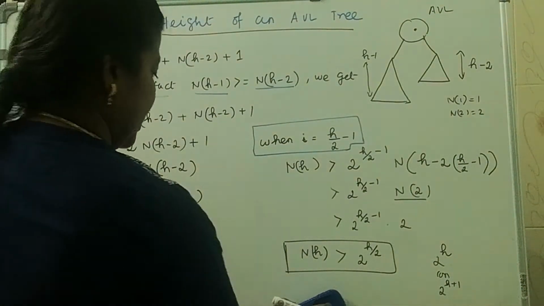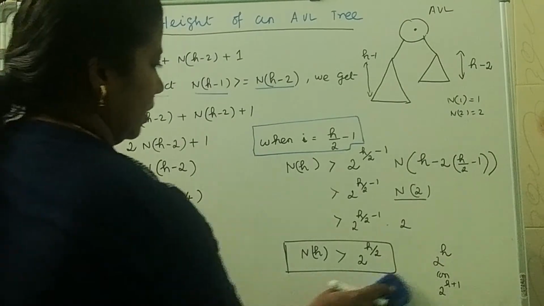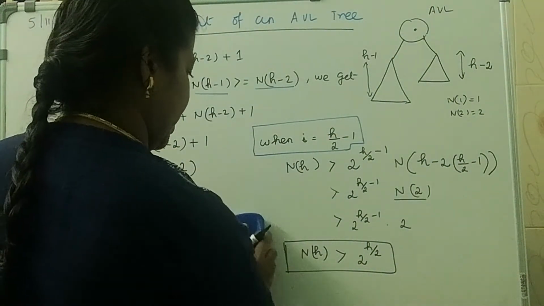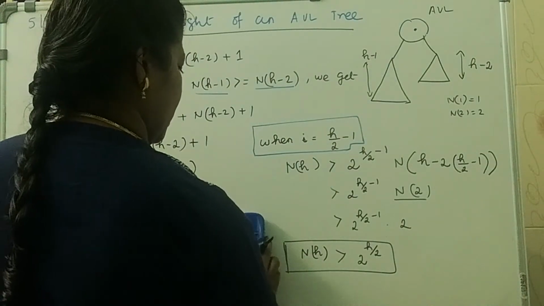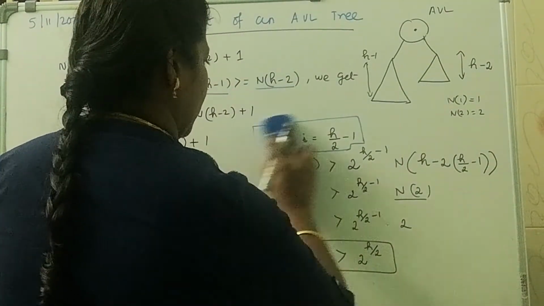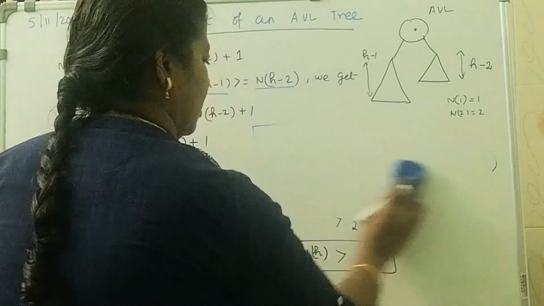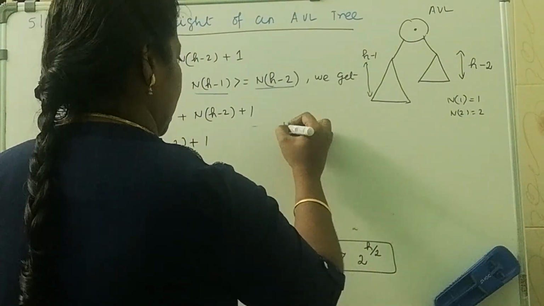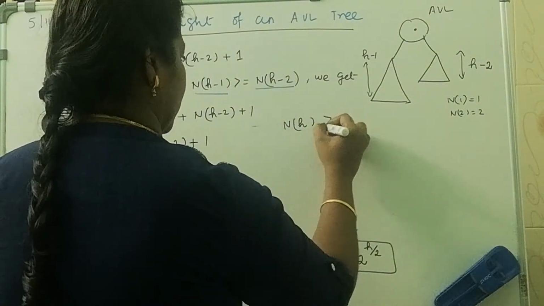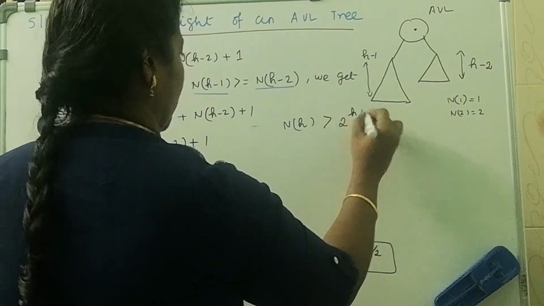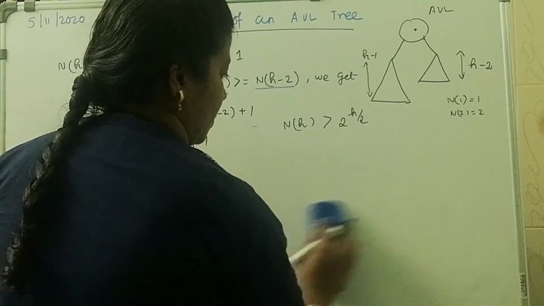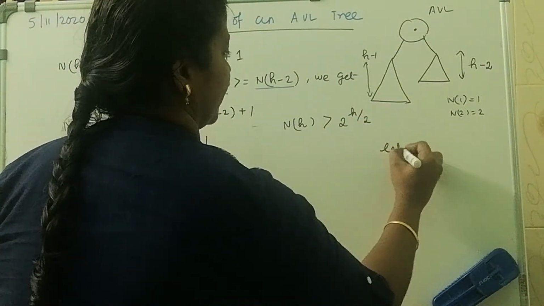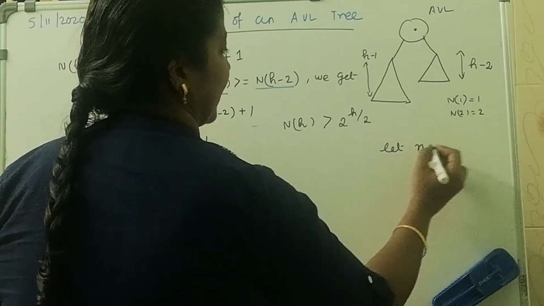Now let us proceed. Let me erase this portion. So from this, as I said, let us take n of h is greater than 2 to the power h by 2. Let n be the maximum number of nodes.